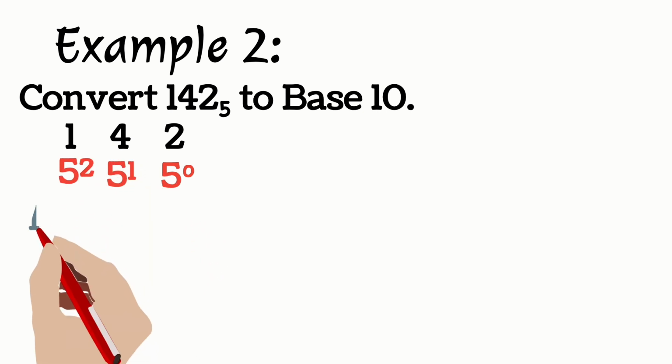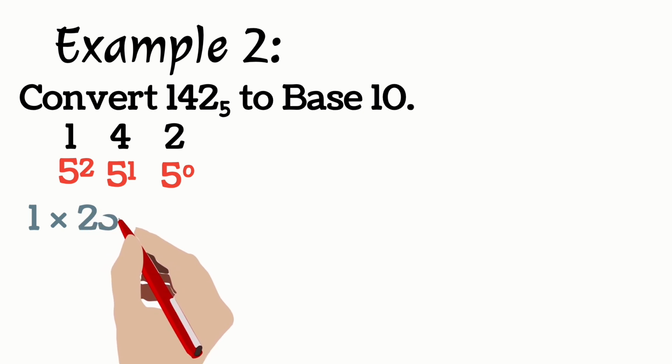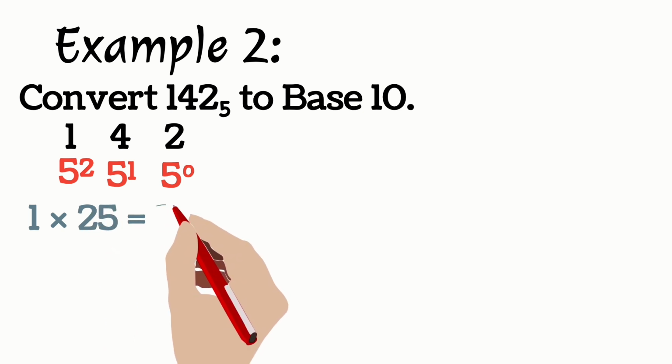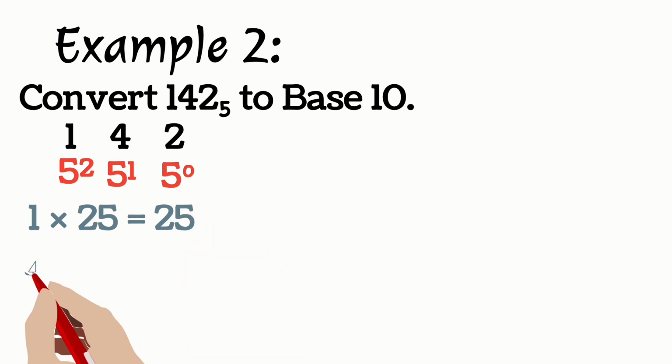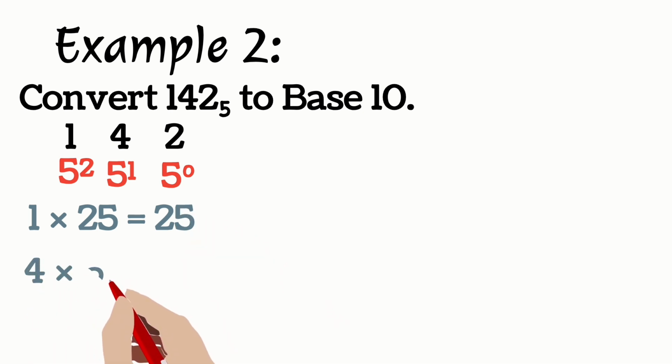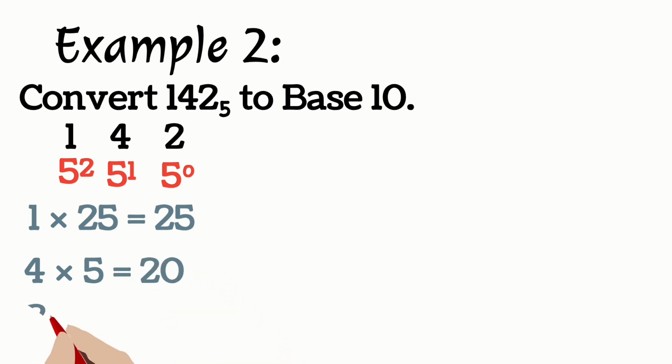We already know that 5 raised to power 2 is 5 times 5, which gives us 25. And of course, 1 times 25 gives us 25. Then next is 4 times 5 raised to power 1, which is the same as 4 times 5, which gives us 20. And lastly, 2 times 1, which is of course 5 raised to power 0, gives us 2.